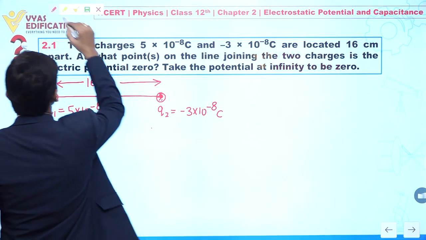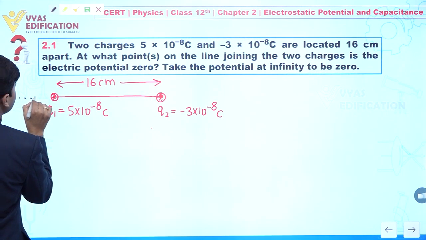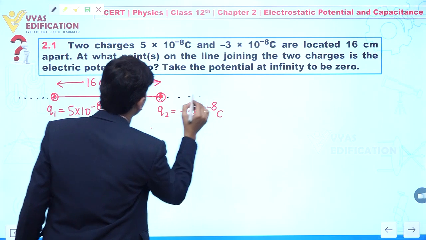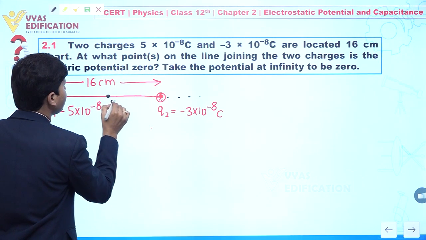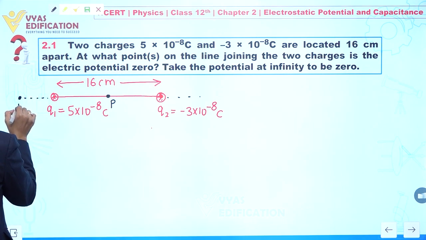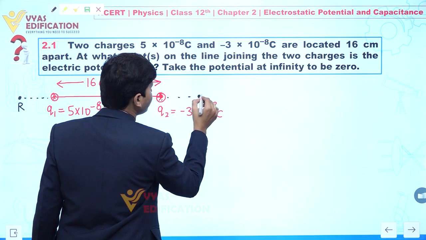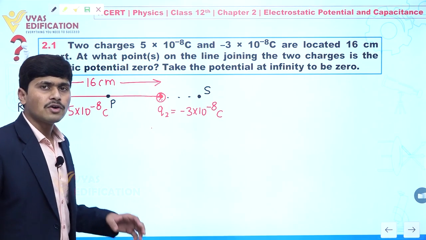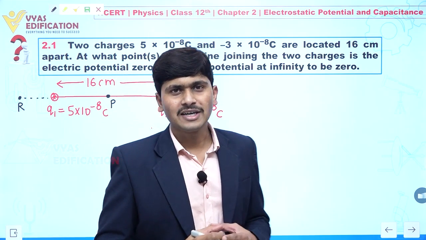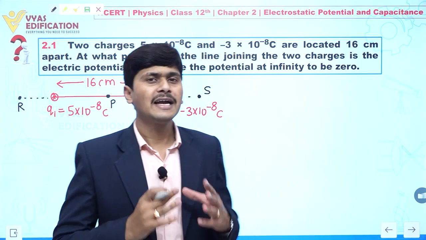Let's suppose we are taking 3 points. Let's suppose the first is point P, this point is R and this is S. We know electric potential is a scalar quantity, so directly we can add magnitudes.